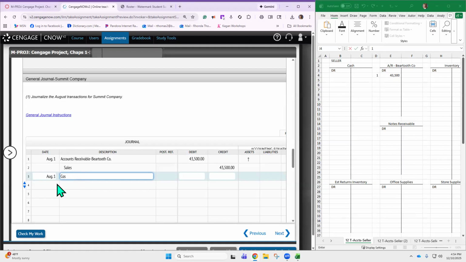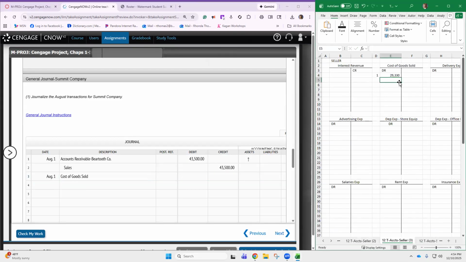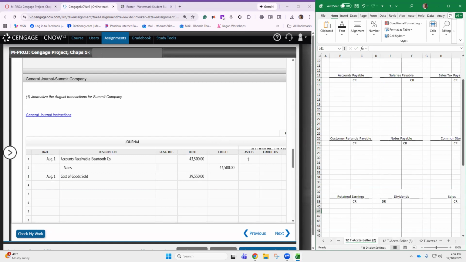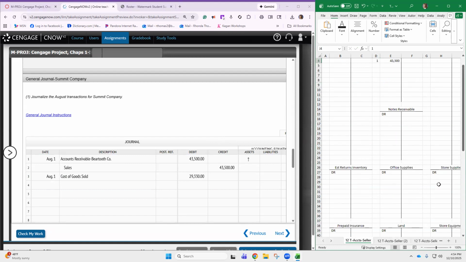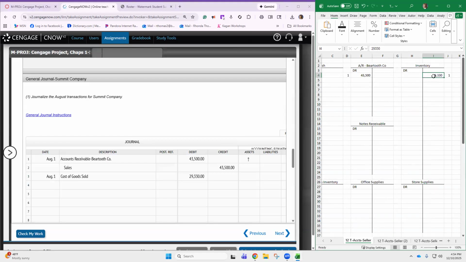Cost of goods sold, if I forgot what I put in, then I just go find it in my T accounts, 29,330. That's going to get a debit, 29,330. And then the credit goes to inventory because we're sending the inventory out. Okay, sometimes inventory is called merchandise inventory, but I've got a credit there in the T account, you see there. All right, so that's the first sale.